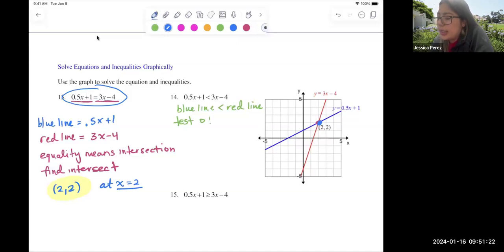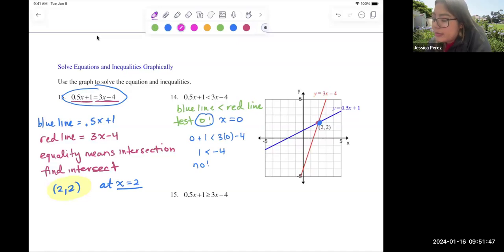If we select x equals 0, we plug it in and we say, well, 0.5 times 0 plus 1, is that less than 3 times 0 minus 4? And then we say 1 less than negative 4. Is that true? No.